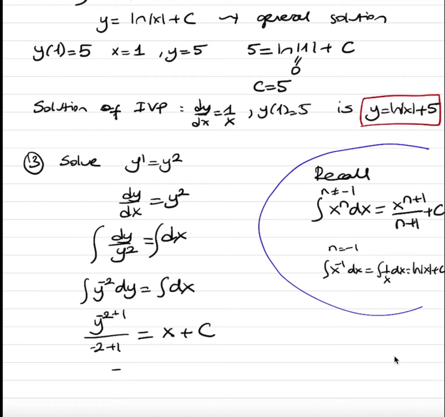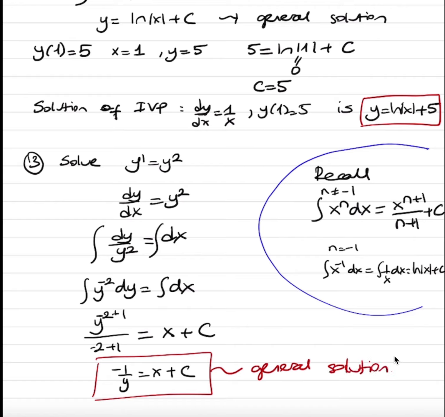What is it? It is minus 1 over y is equal to x plus c. You can leave it like this. So this is our general solution. All right. Great. I will continue solving problems in another video.